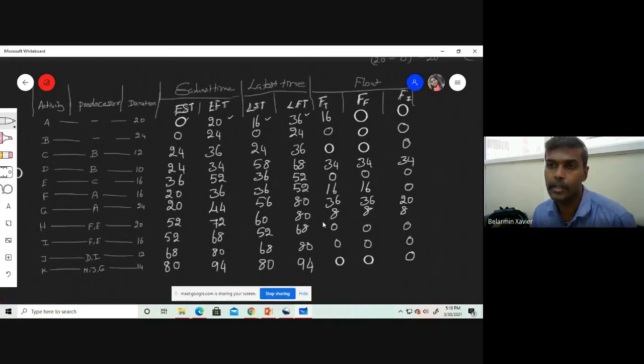When we calculate each and every float as per the formula, finally you will get this value. Kindly try this problem, and if you are not getting anything, kindly let me know.